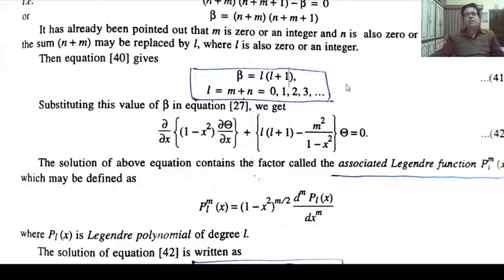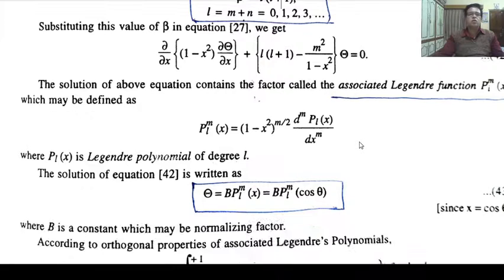The whole mathematics was done due to this β, and we got the simple result β = L(L + 1). So ∂/∂x[(1 − x²) ∂Θ/∂x] + [L(L + 1) − m²/(1 − x²)]Θ = 0.